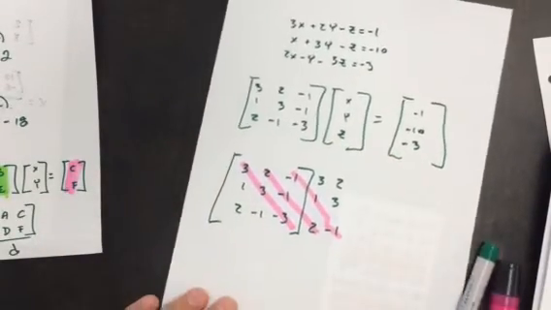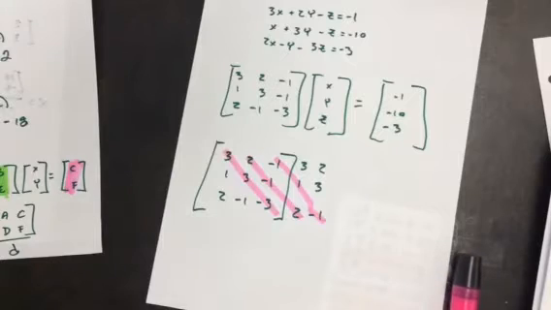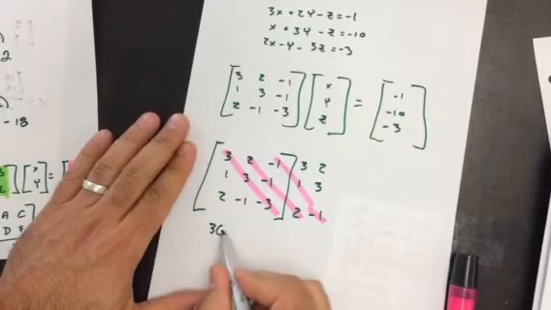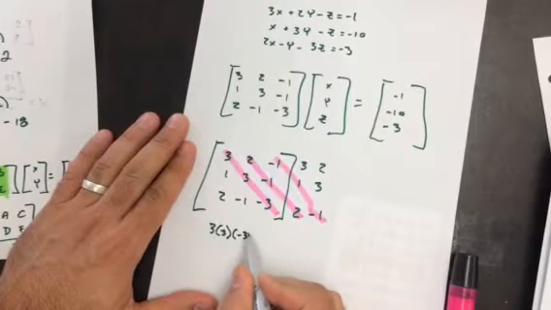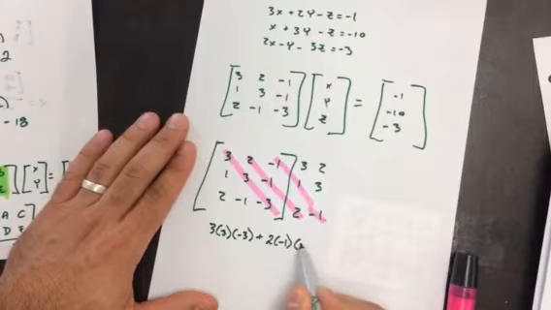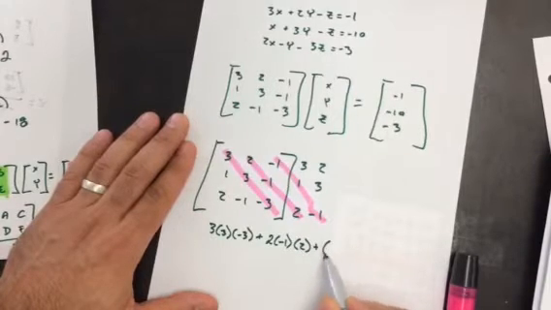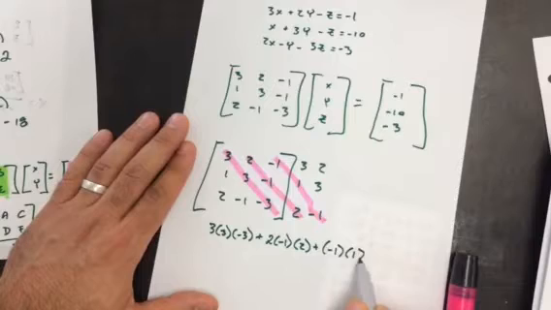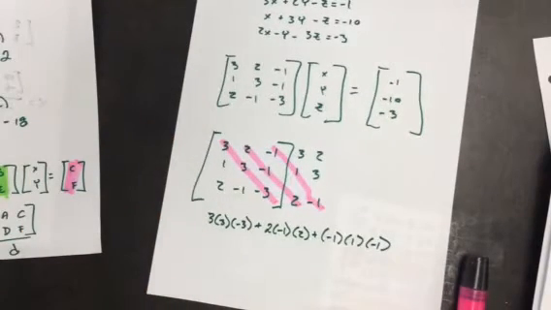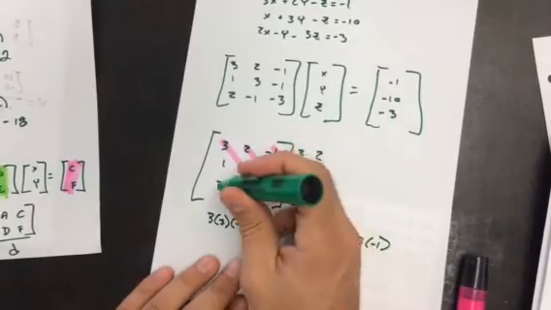So we're going to multiply these together and we're going to add them. So we're going to do 3 times 3 times -3 plus 2 times -1 times 2 plus -1 times 1 times -1. Now when we go up and to the right, we're going to subtract it.